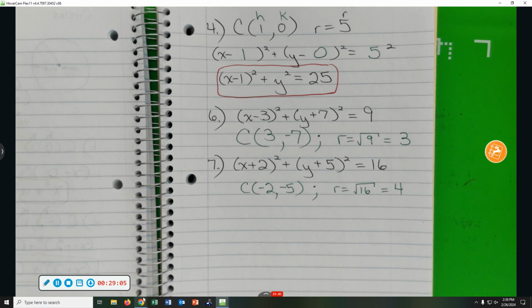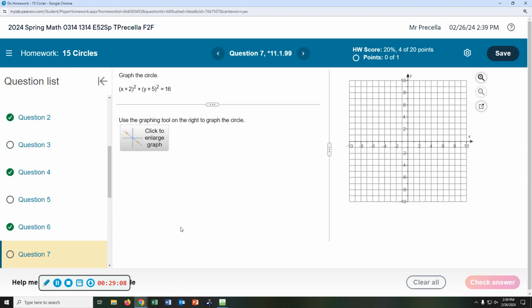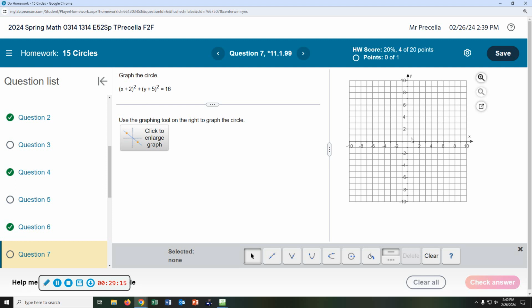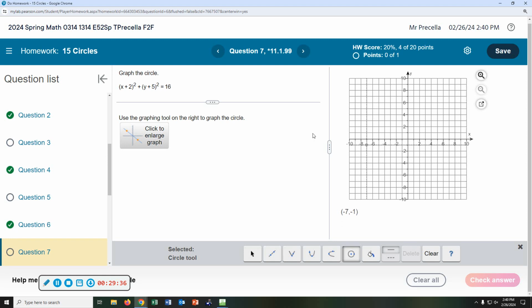So we come over here. Do y'all graph it like this, where you just use the tool down here? Where are the instructions? I don't see where it says the instructions. I click circle.